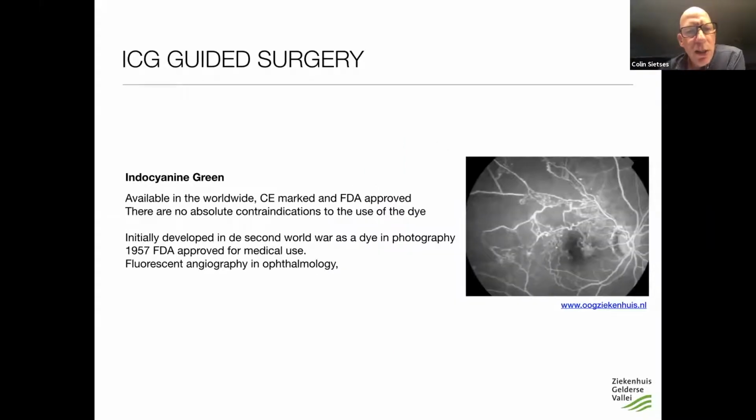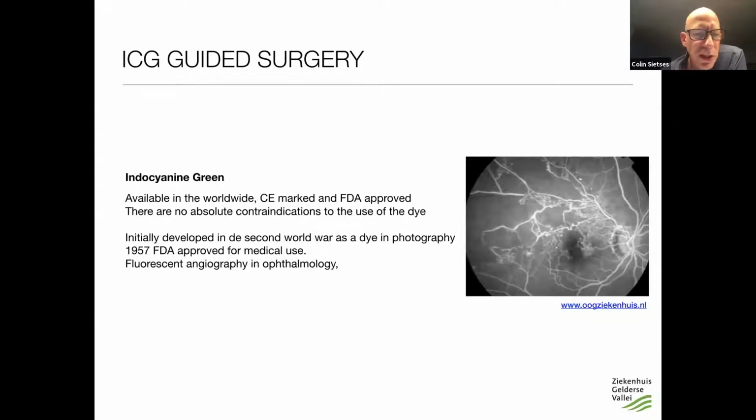ICG is available worldwide. It's CE and FDA approved, and there are no absolute contraindications to using this dye. There is a relative contraindication if patients have an iodine allergy. Then we prefer not to use it, but we've never actually seen problems with that, though it's stated that it could be a problem.